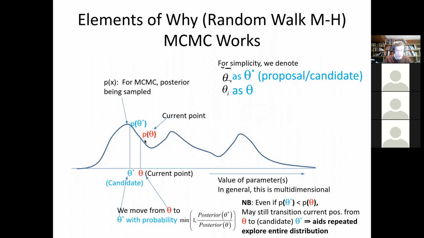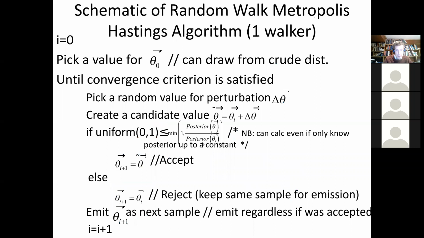By contrast, if our candidate were down in this little valley, we go there fairly often. Maybe it's about 3/4 of this value, so we go there about 3/4 of the time. If we picked a value of theta star that was way down here, we wouldn't be very likely to go there at all, because this ratio will be very small.